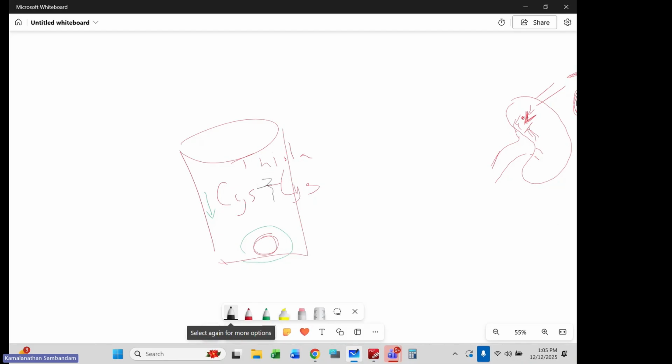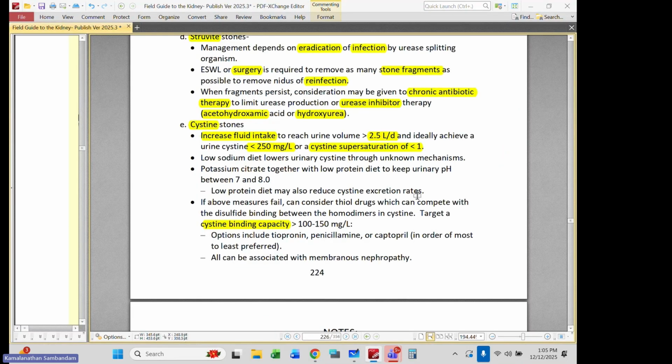The Thiola or binding drug binds with the cystine, so it'd be less likely to dimerize. And that would potentially favorably change your cystine binding capacity, right? You want a larger cystine binding capacity that correlates with a reduction in stone events.